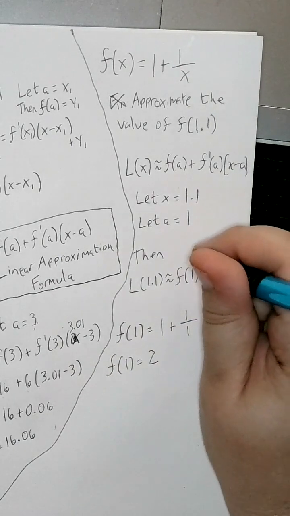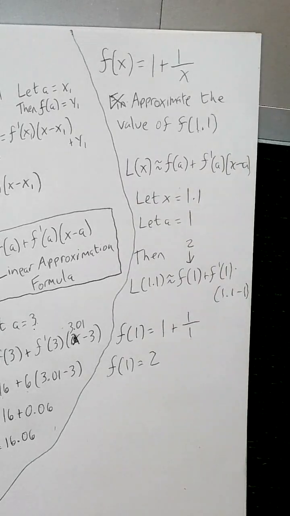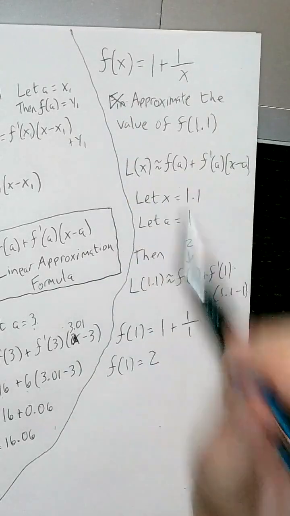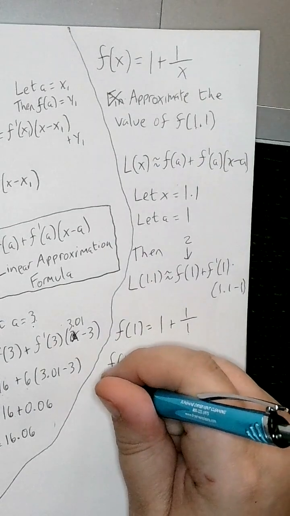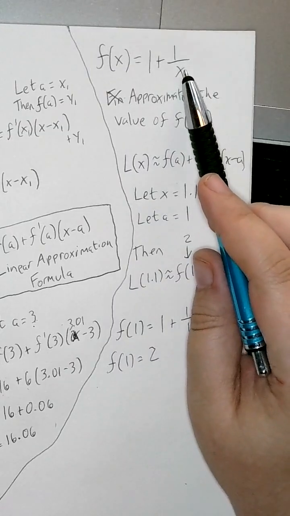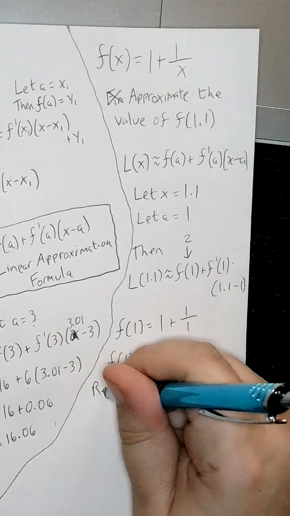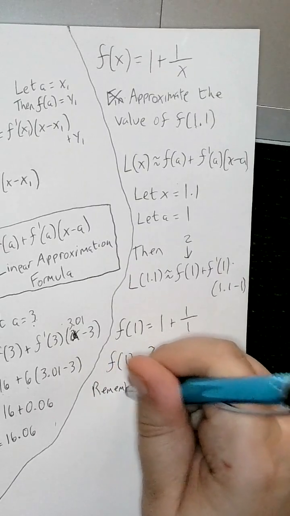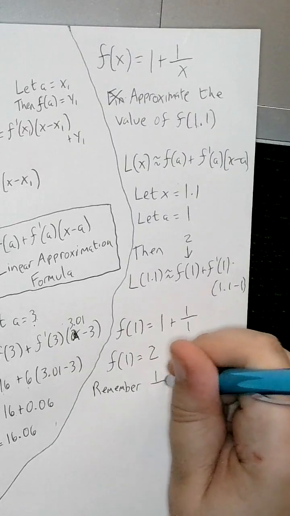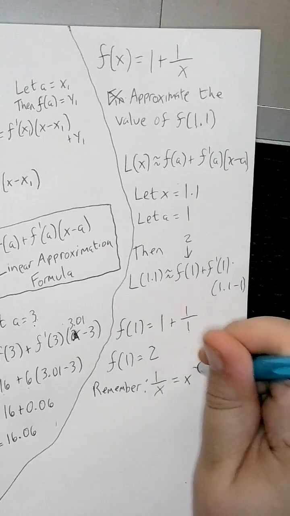So here, I'll be able to plug in 2. Now, I need to take the derivative of that function. So here, I'm going to manipulate this a little bit. Remember that 1 over x is the same as x to the negative first.